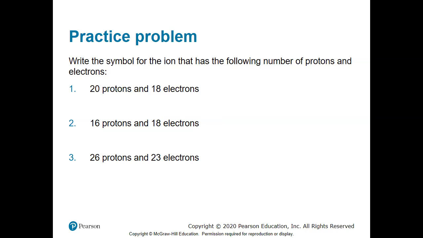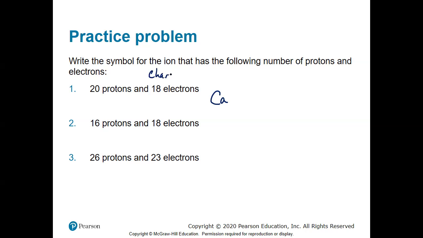If I have 20 protons and 18 electrons, what would that look like? So for 20 protons, again, you go straight to the periodic table. 20 protons is Ca, that's calcium. So there's our symbol. Now we just need to assign a charge to it.